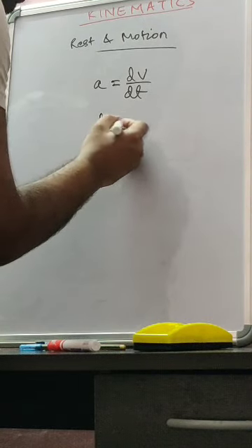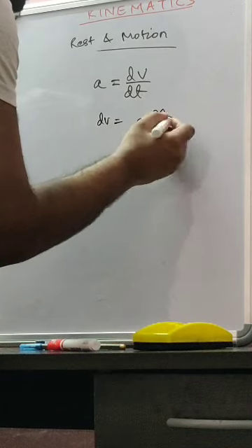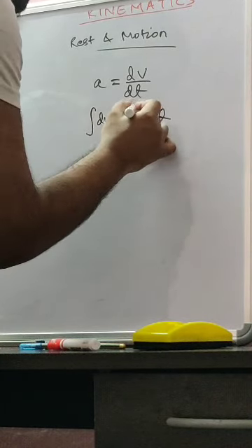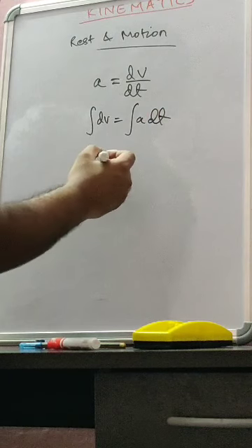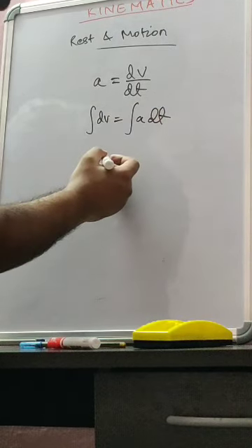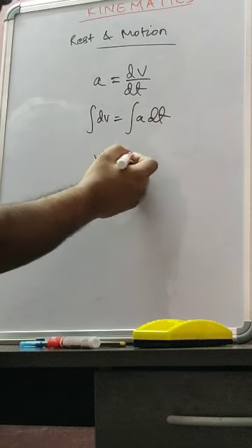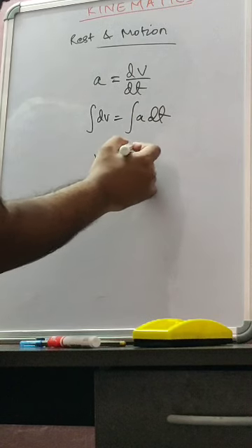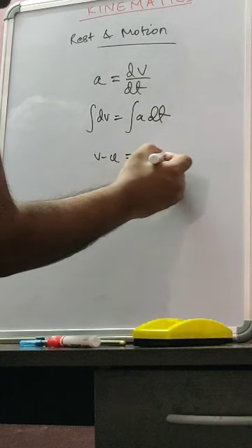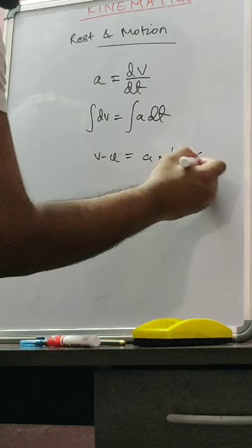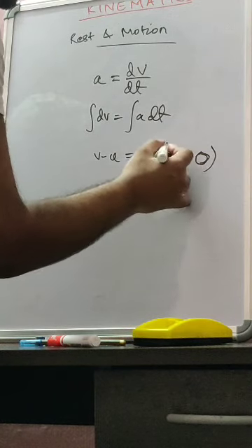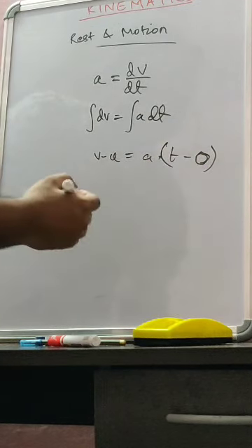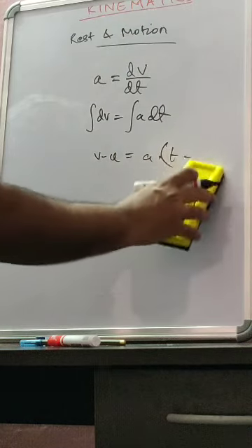We can integrate both sides. Since acceleration is a constant, we move it out of the integral. So this becomes v minus u, final velocity minus initial velocity, is equal to a into t minus 0, because initially the time was 0. So this becomes at.